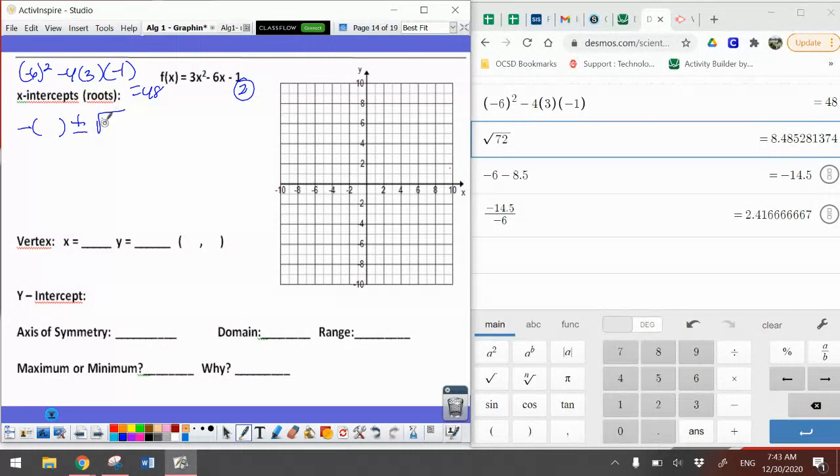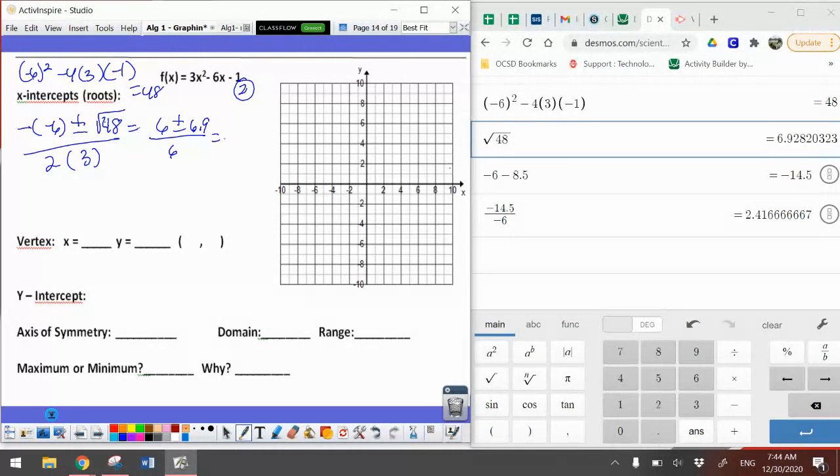So plus or minus the square root of 48, 2 over the 3, and my -6 is going to go here. So if I take the square root of 48, I get 6.9. So negative is positive, plus or minus 6.9 over 6.